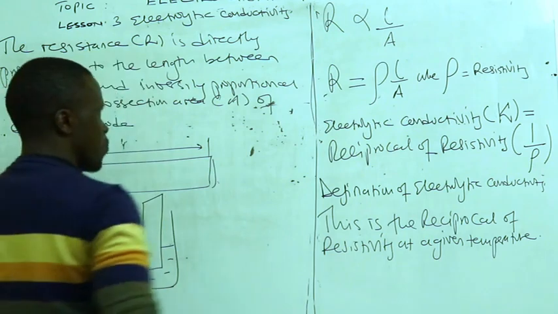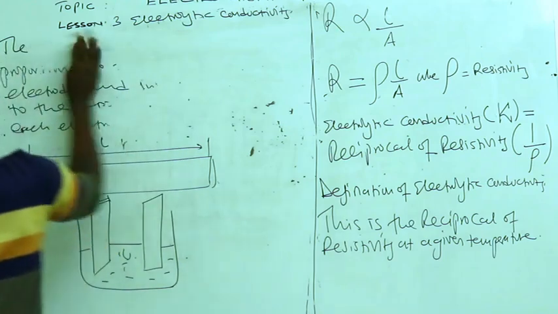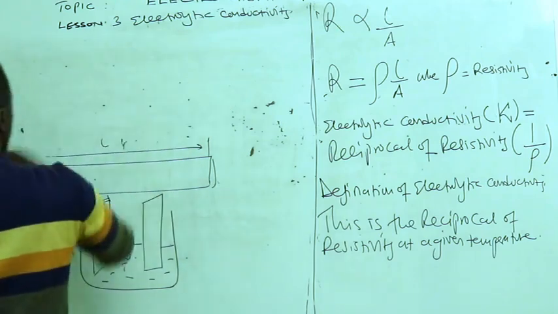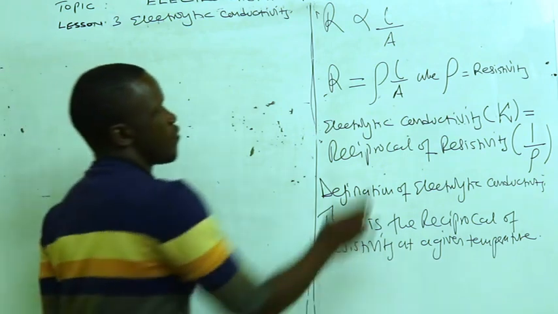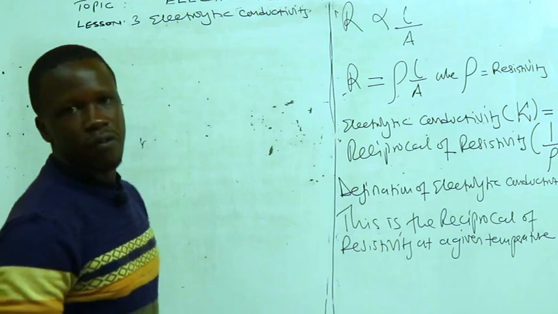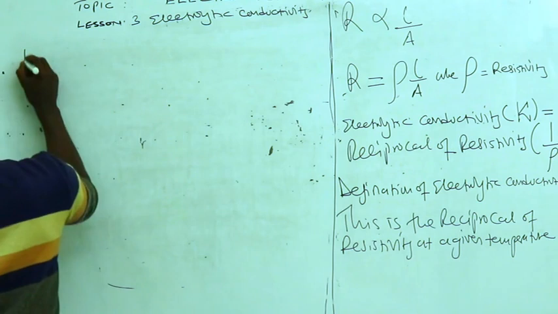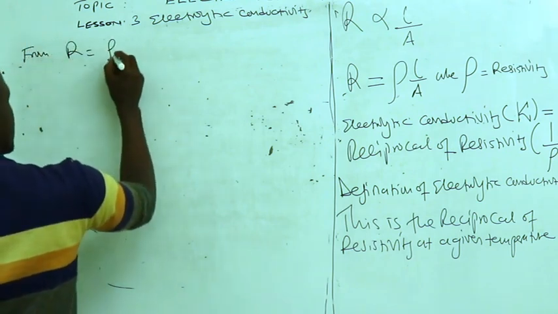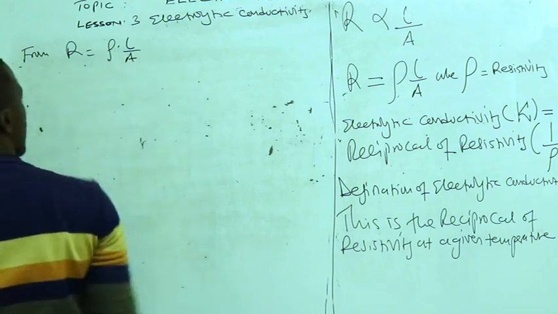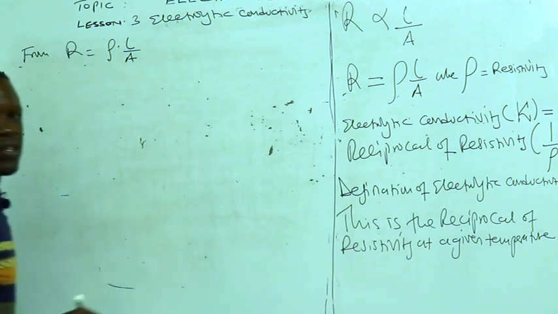We go here and make conductivity, the reciprocal of resistivity, the subject. From R is equal to resistivity times L over A, we want to make 1 over resistivity, which is K, the subject.